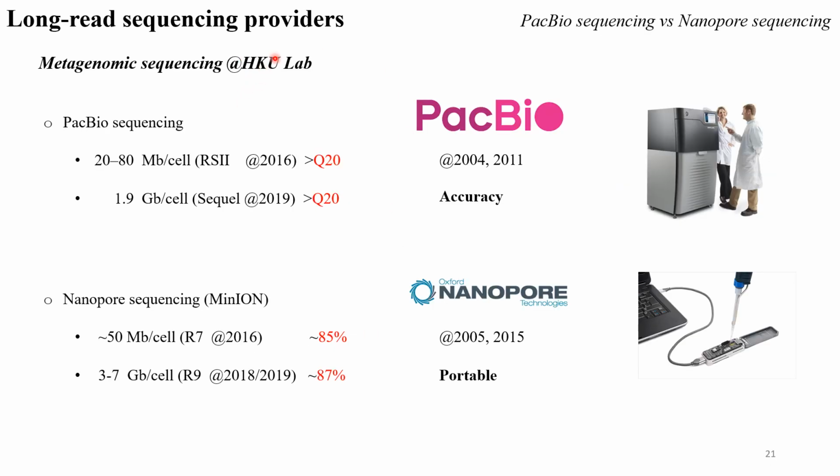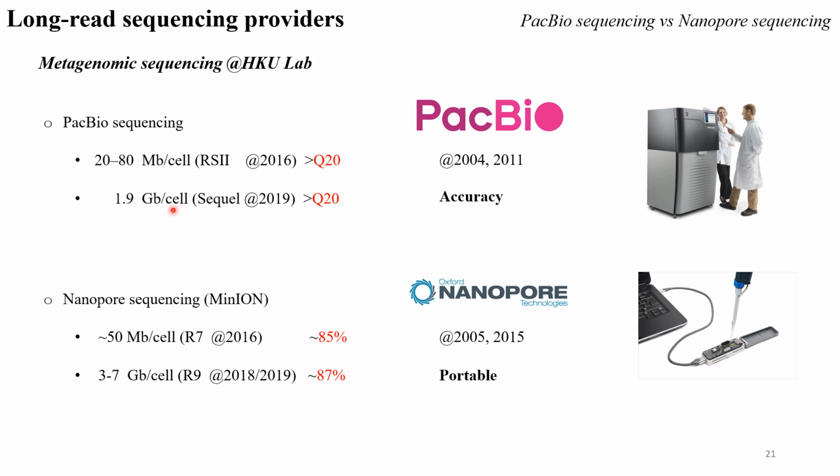The good news is, with technological advancement, some long-read sequencing providers, including PacBio and Nanopore, started to pop up. Although they were founded in 2004 and 2005, it took quite a long time to launch their first commercial sequencing platforms. Here's a summary of the early sequencing products from my former lab at Hong Kong U. As the name suggests, long-read sequencing has a great advantage in sequencing length.